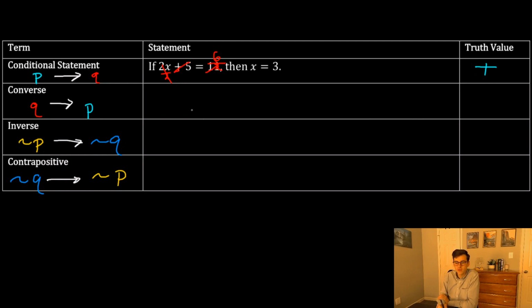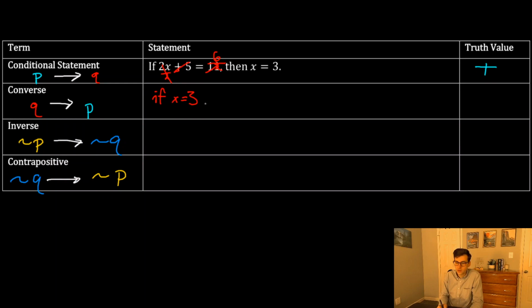Okay, let's look at the converse. If x equals 3, that was the wrong color. Gotta stay consistent, people. I know you wouldn't even dream of letting me use the wrong color.